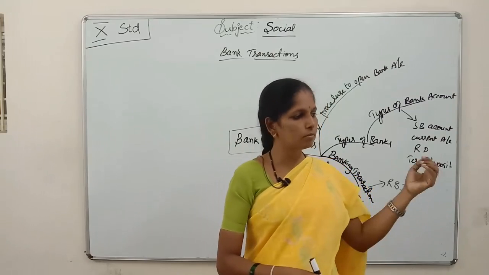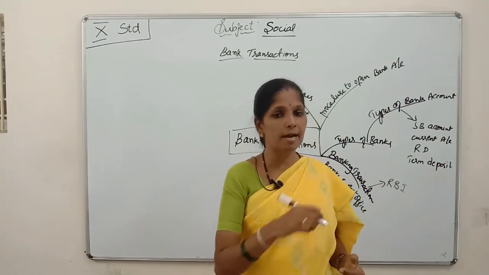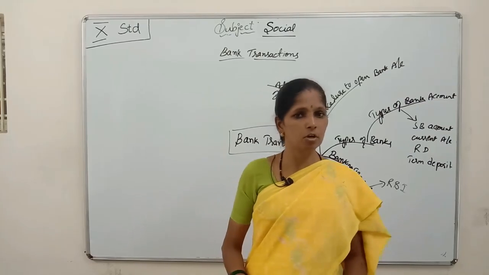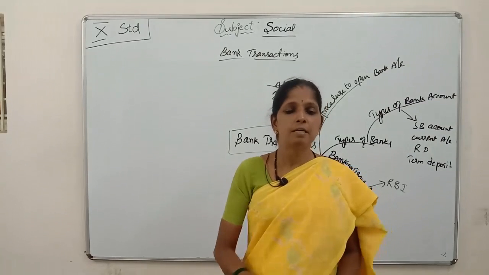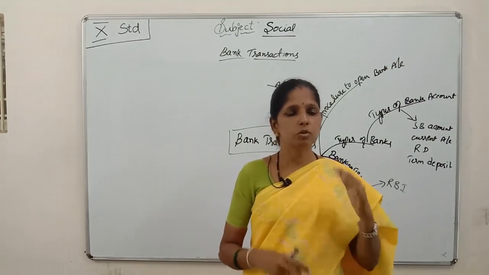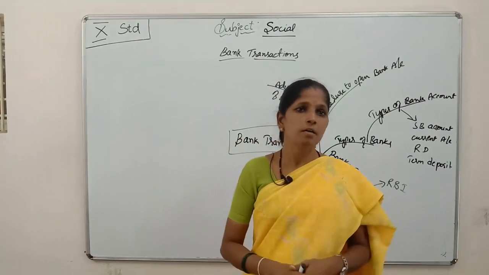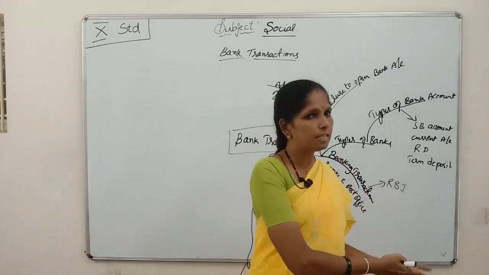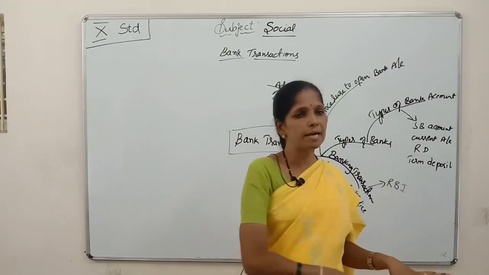That introducing person must have an account in the bank. That person's signature along with the account number will be written in that form. It is made for the reference or introduction of me through that person who already has a bank account.